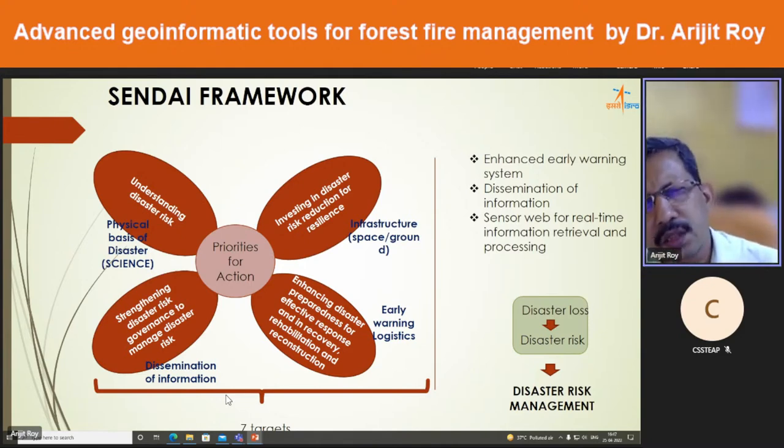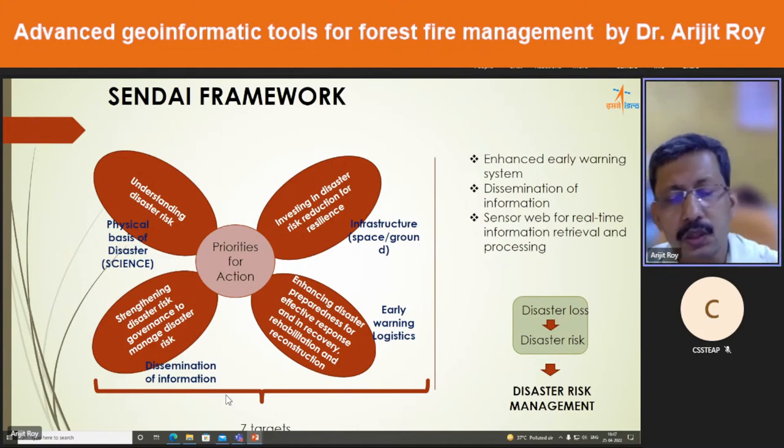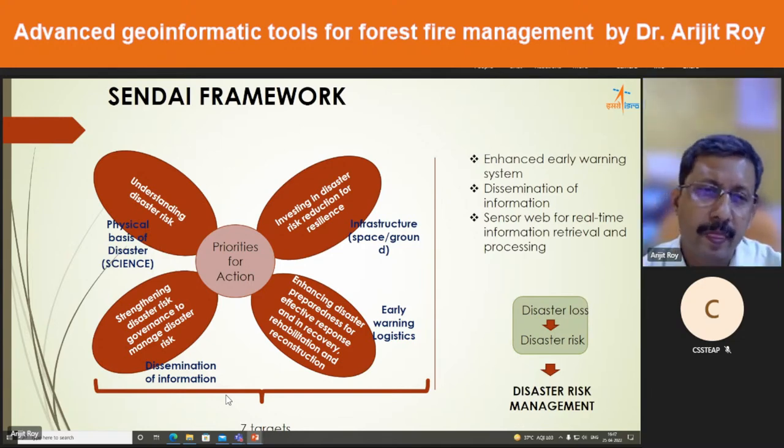Basically, the Sendai framework is the result of the meetings at Sendai for charting out the targets and the way forward for the global community to counter the various impacts of disasters up to 2030.